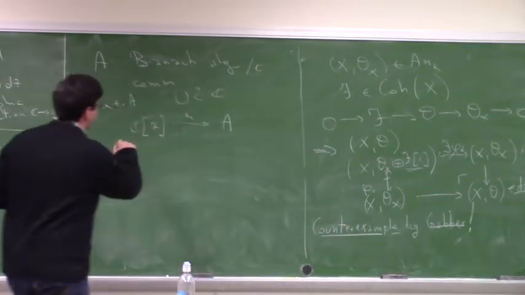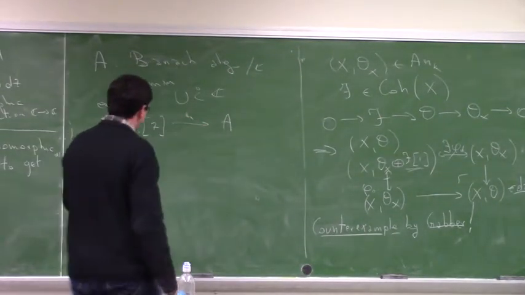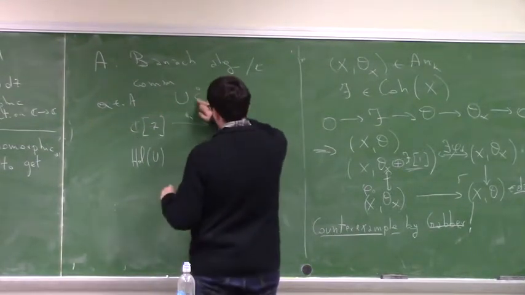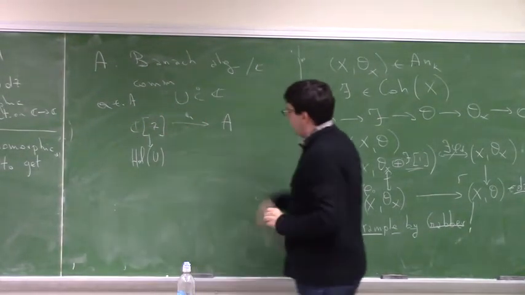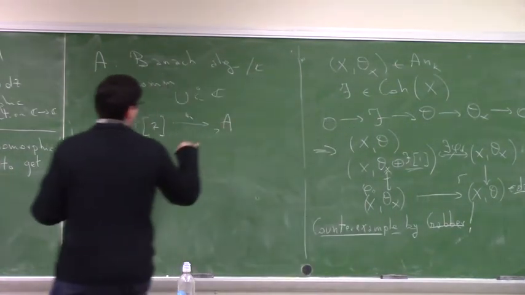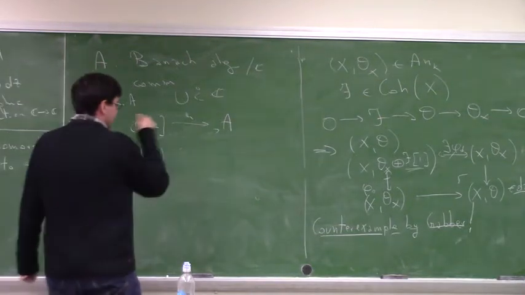I have a map from polynomials to A selecting just this element, and I have holomorphic functions on this open subset. I have a natural restriction map, and I can ask myself when I can complete this diagram.